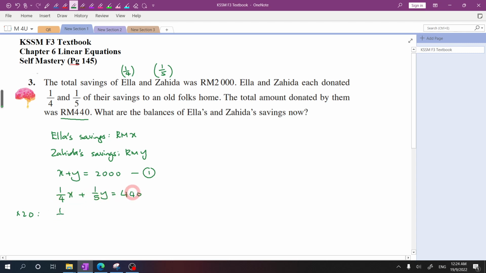Every single term here, I'm going to multiply by 20. Now 4 and 20, you can simplify to get 5. Here the same thing, divided by 5, divided by 5. This is why I want to multiply the whole equation by 20.